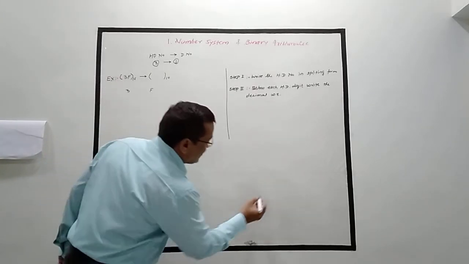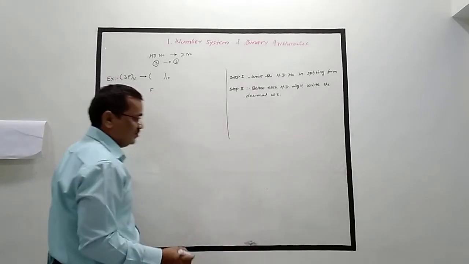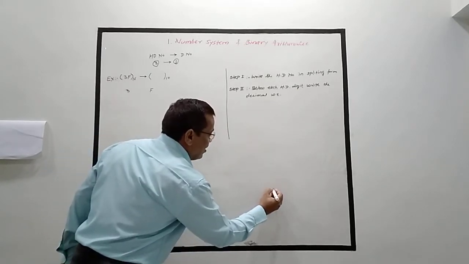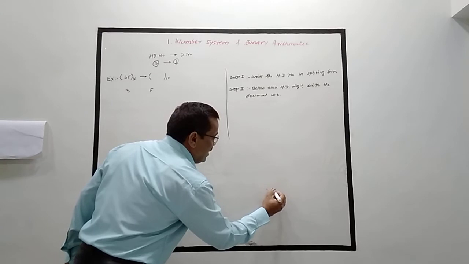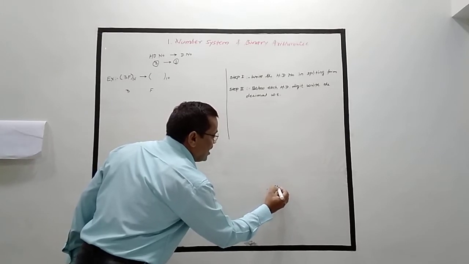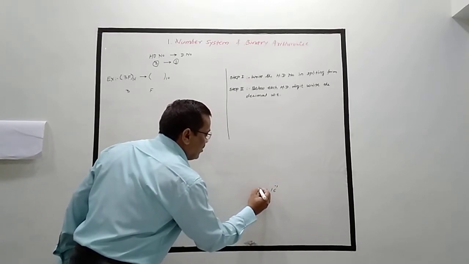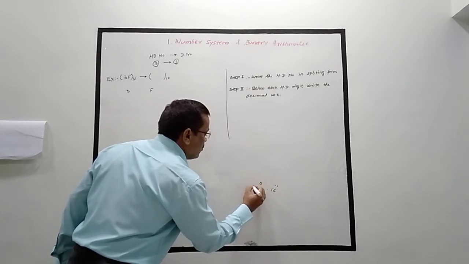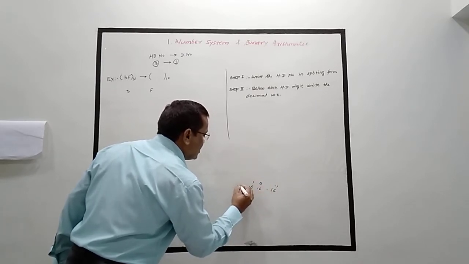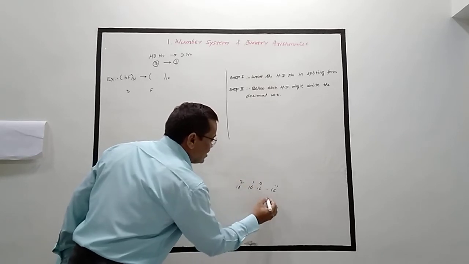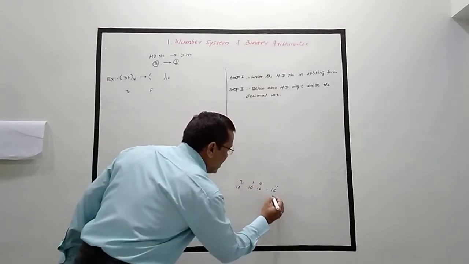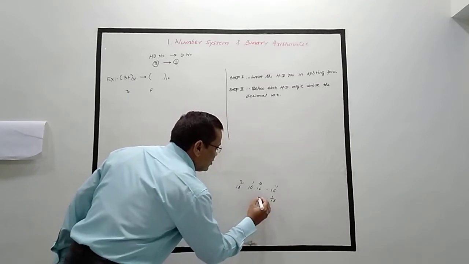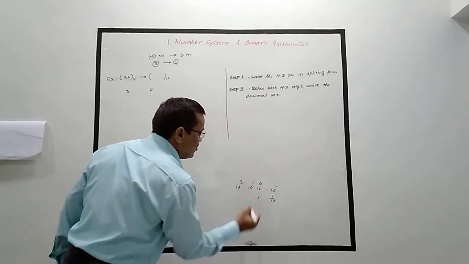Suppose this is the decimal point. After the decimal point, the weight will be 16 raised to minus 1. To the left of the decimal point, it is 16 raised to 0, 16 raised to 1, 16 raised to 2. That means this is the decimal point, 1 by 16. Here it is 1, as 16 raised to 0 means 1.